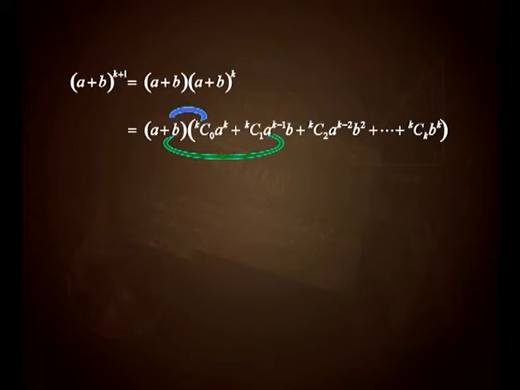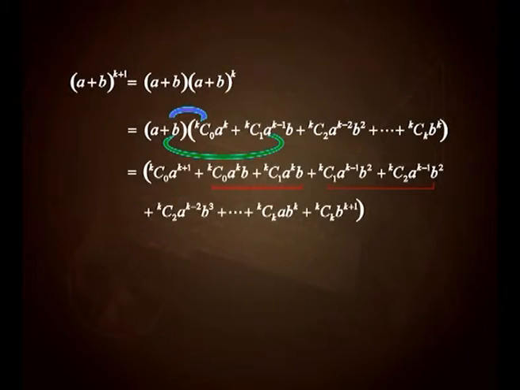Now, if you start doing that carefully, you will realize that you will get an expansion of the kind kC0 a to the power k plus 1, right. Then when b gets multiplied with the first term, you will have kC0 a to the power k times b.